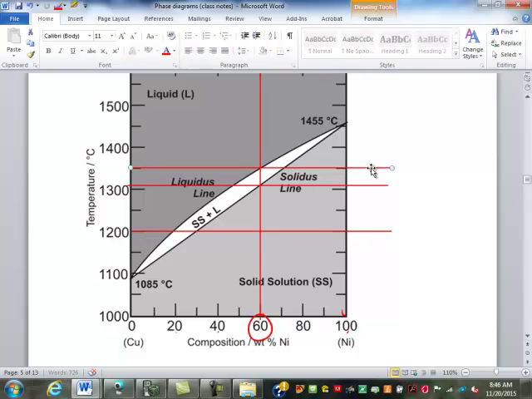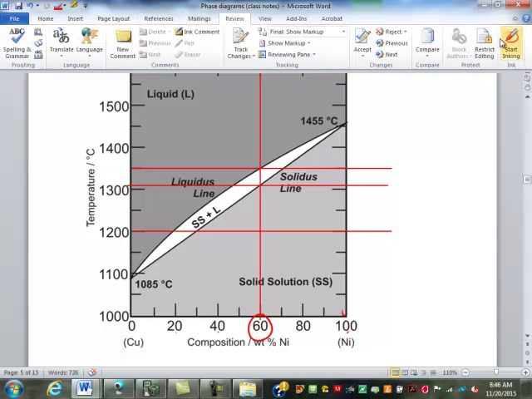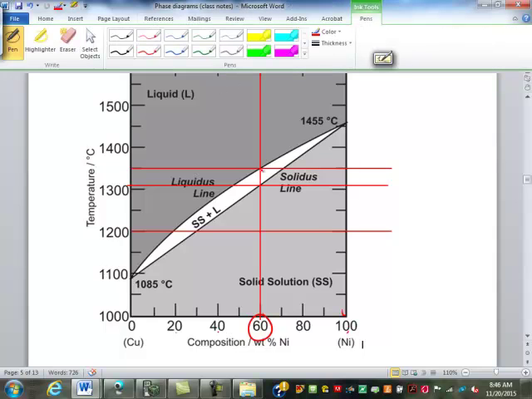Right there at almost exactly 1350 degrees, anything above that temperature, it is liquid. But you can see in here, between those two temperatures, it's a mush. Some of it's solid, some of it's liquid.